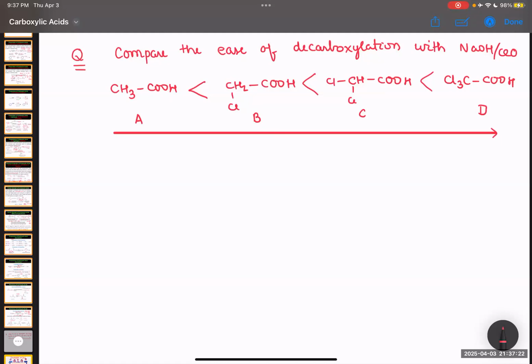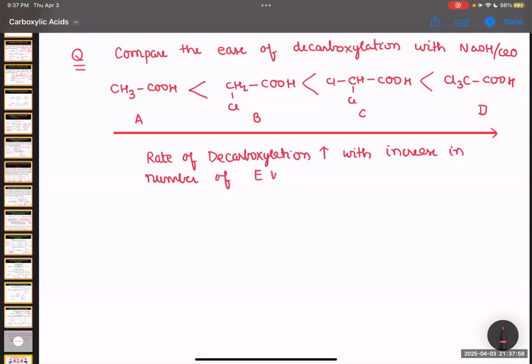If you have electron withdrawing groups, the rate of decarboxylation increases. So if you have more and more electron withdrawing groups, the decarboxylation is going to be easier.